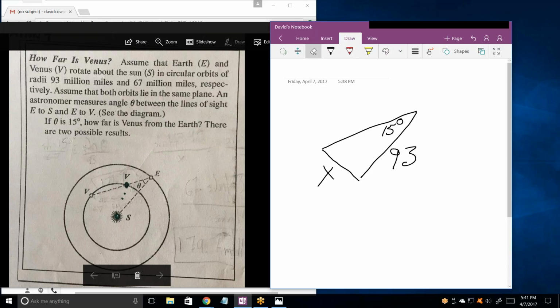Yeah. 67 goes here, and there's Venus, there's the Earth. They want to know, and this is the sun. So they want to know X. You with me? Yeah.